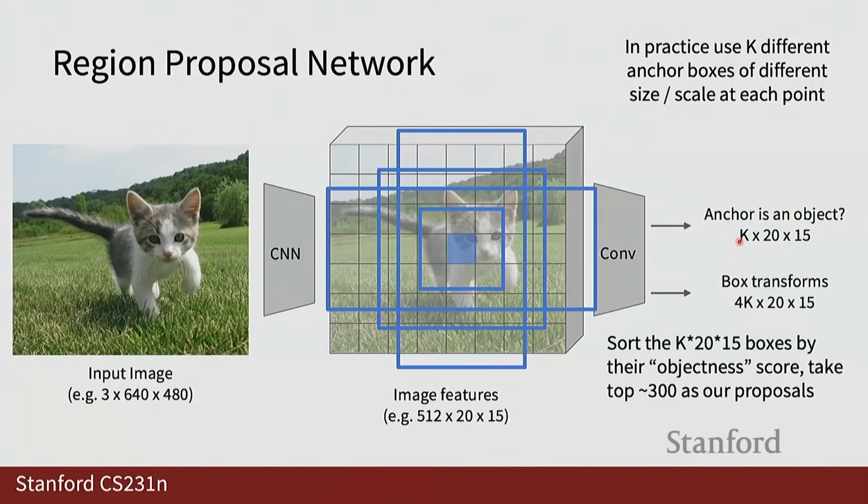Again, I'm leaving all of the details about the coordinates and the dimensionalities for you to check afterwards, because it would take too much time, and we don't want to spend too much time on this algorithm. But what's important here, back to your question, is that we often take the top K, the ones with the highest probability of having an object in them, as the proposals for this image.